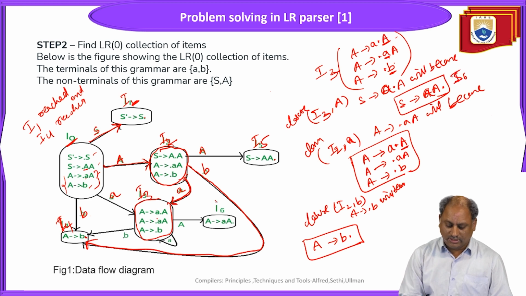So after I3 with A, we get I6, and we can stop this procedure there.